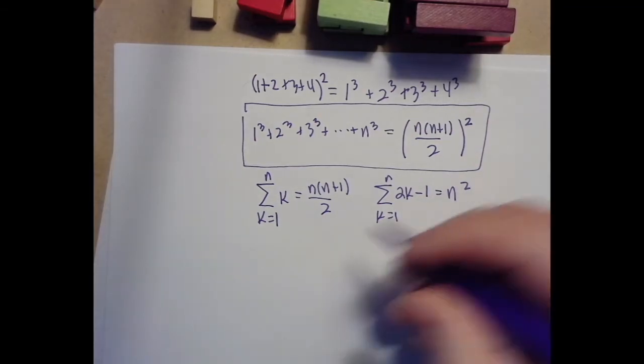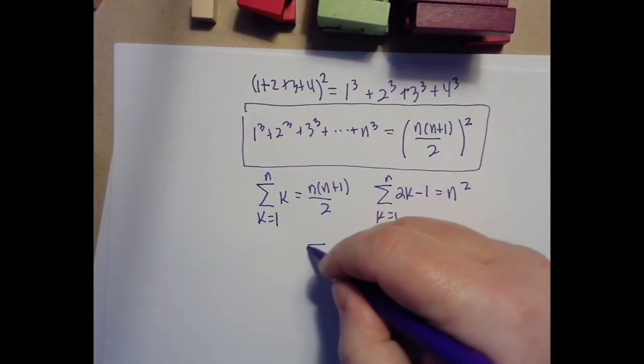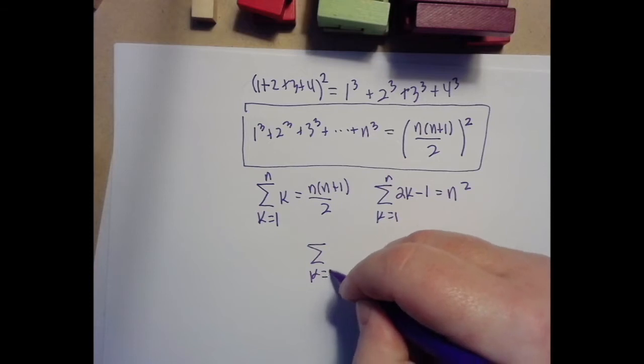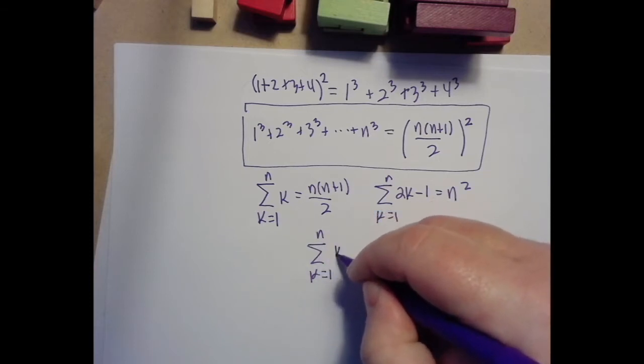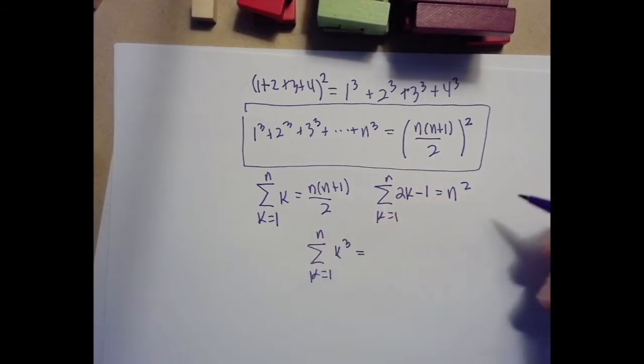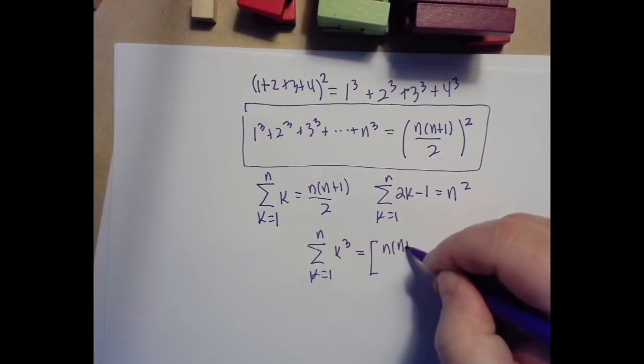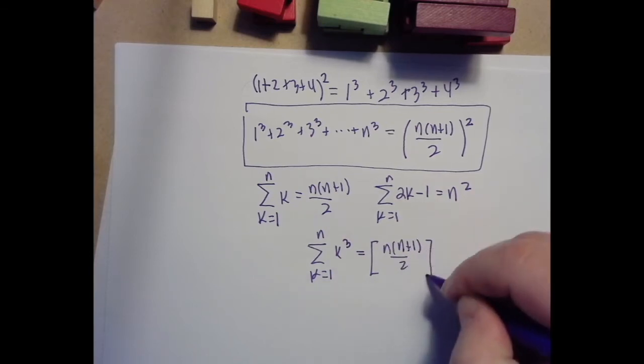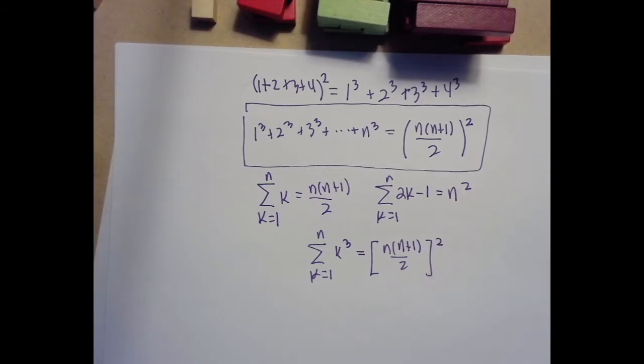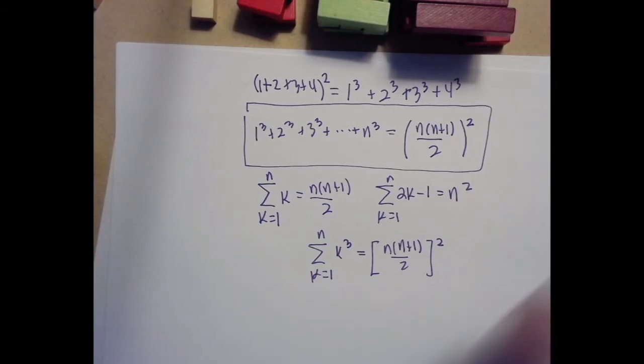And now we have this one, which is the sum of the first n cubes, and we get n plus 1 over 2 squared. And we have our three kind of interesting results.